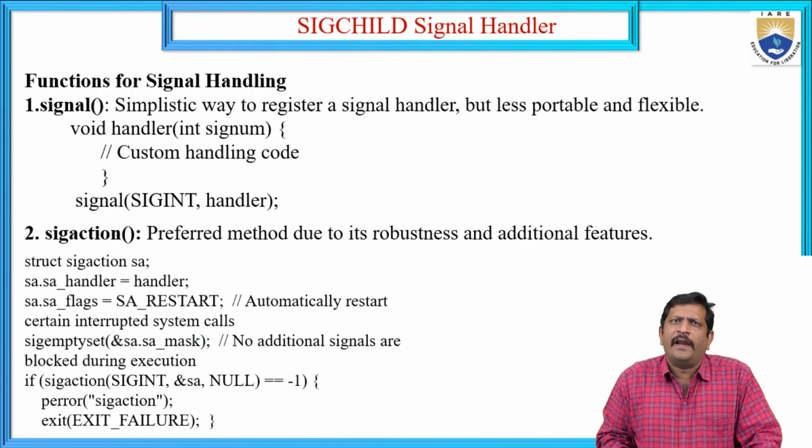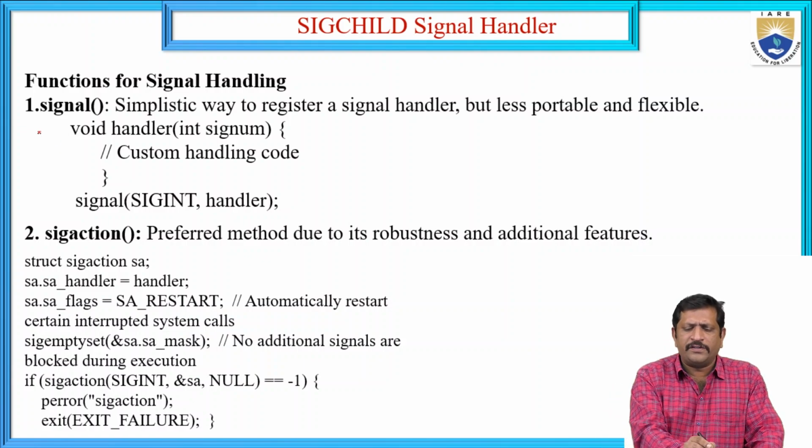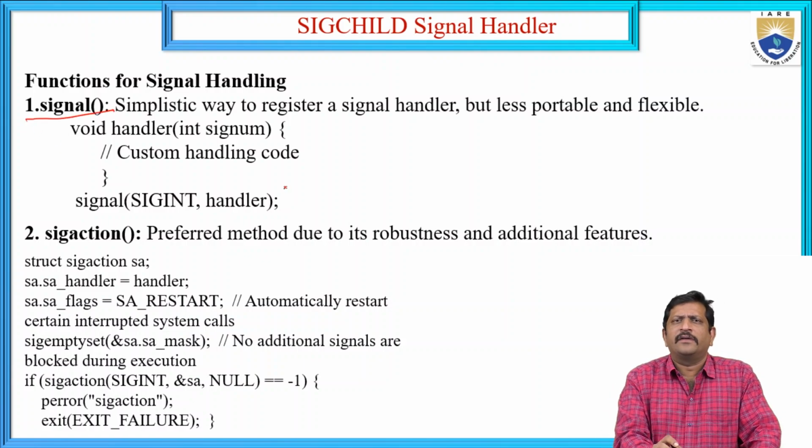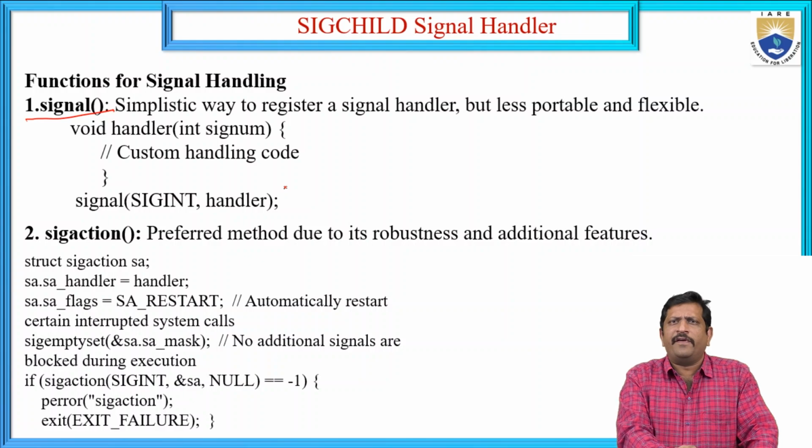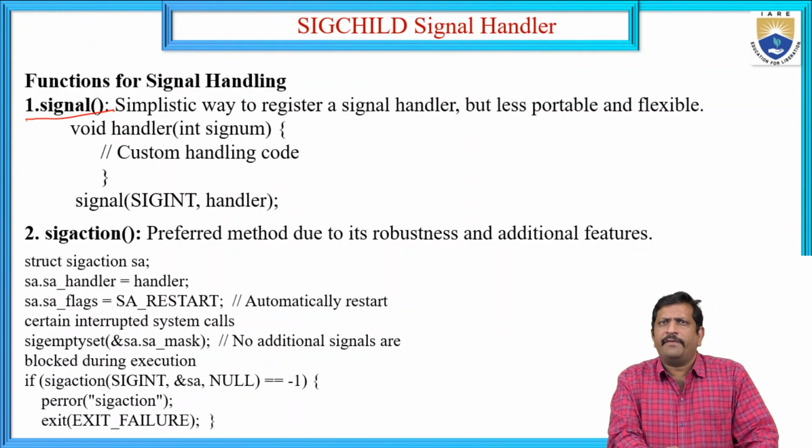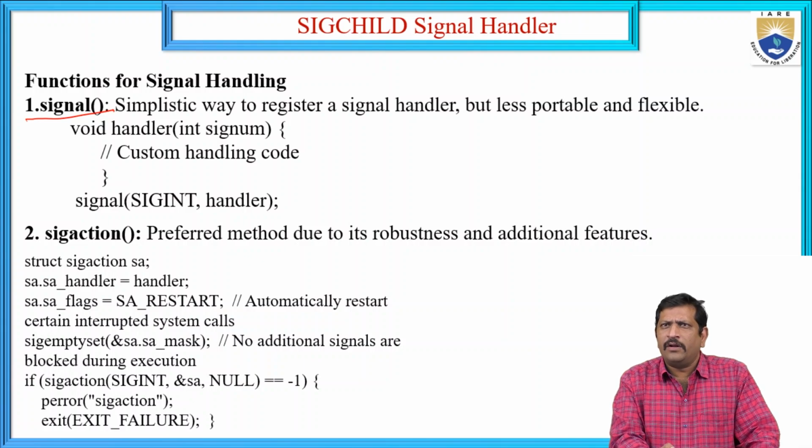Functions for signal handling. The first function is the signal function. With the help of the signal function, it is a very simple way to register a signal handler. But it has less portability and flexibility.